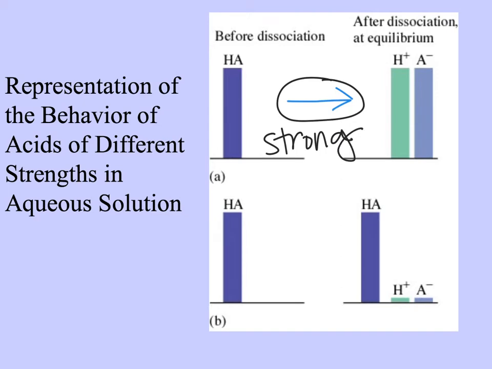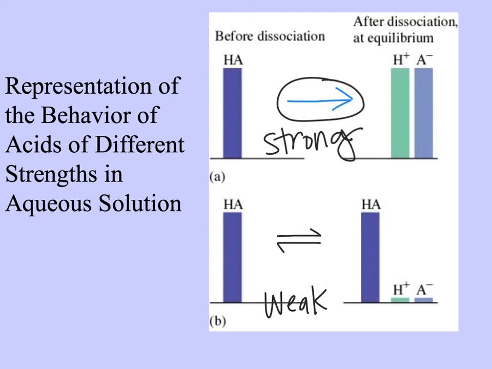Okay, and then let's take a look at the bar graph on the bottom. So here's your acid, but look what happens. Most of it still stays together as the acid, and then it only separates into ions to a very, very small extent. And this is an example of a weak acid. So if it's a weak acid, we do not use a single-headed arrow. If it is a weak acid, we actually use a double-headed arrow.